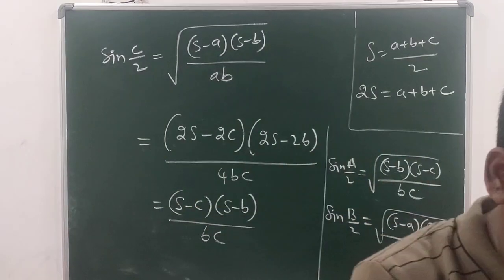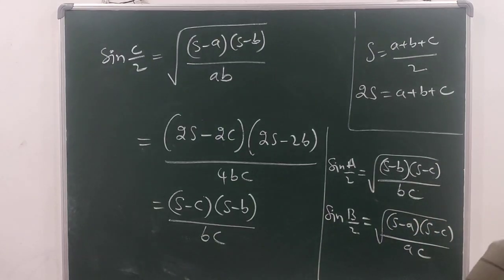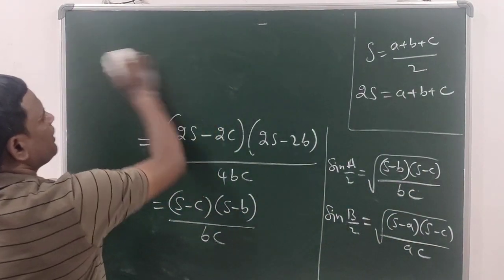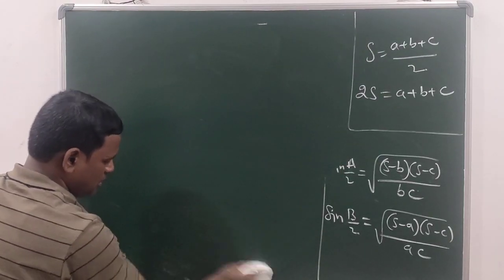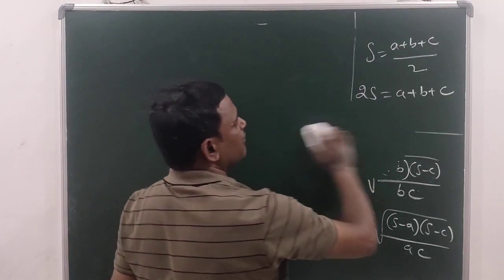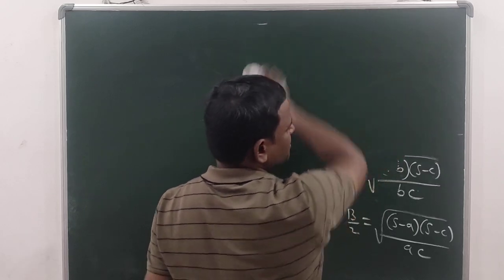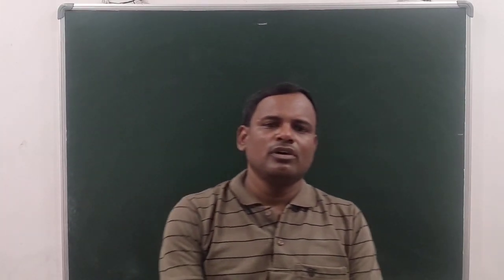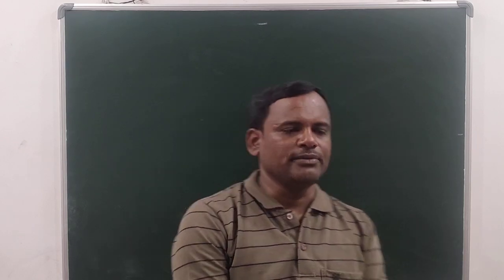Now let us go to half angles of cosine. However, we proved half angles of sine. In the same manner, we prove half angles of cosine.